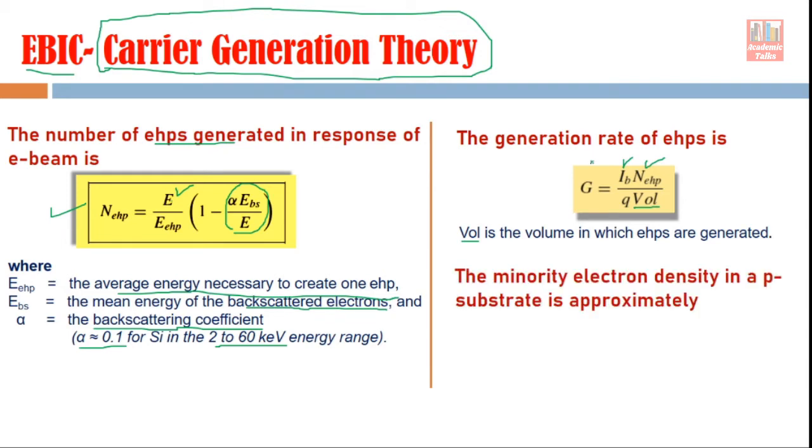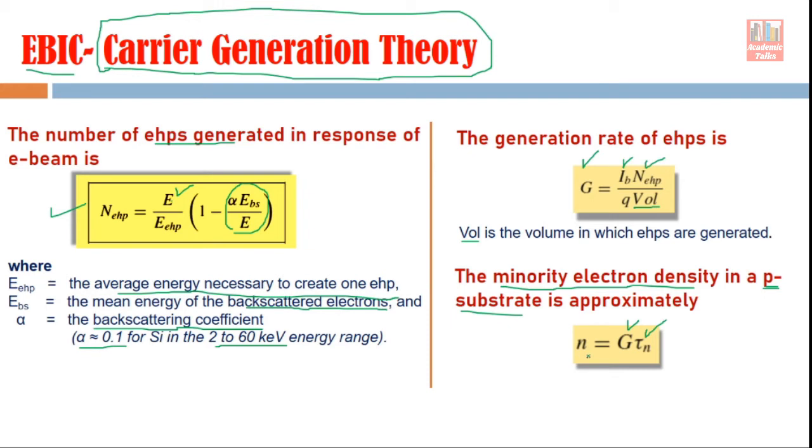And this rate of generation of electron hole pairs is very important information, because it gives us the concentration of carriers in the material. So the minority electron density, for example, in the case of a p substrate, where electrons are minority carriers, will be given by something like this equation, where G is the rate of generation of carriers and tau is the recombination rate.